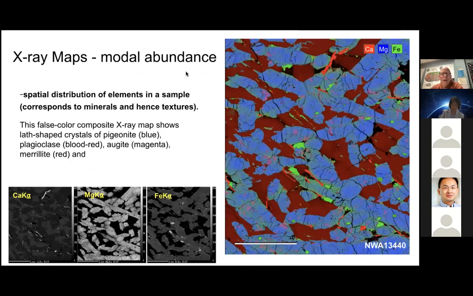One of the other areas that's really important in understanding the composition of these rocks is understanding the volumetric abundance of minerals in a given sample. And I think this is one of the areas where deep learning techniques might really provide significant aid to making this assessment. What we're doing here is taking the three different component maps that make this composite image and measuring the area abundance of certain pixel brightness values.